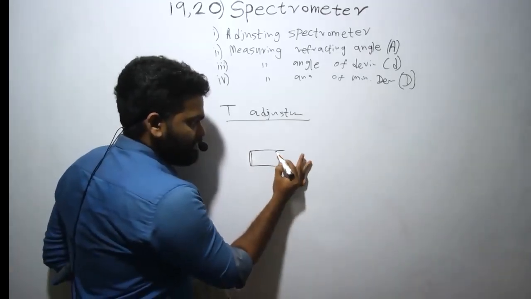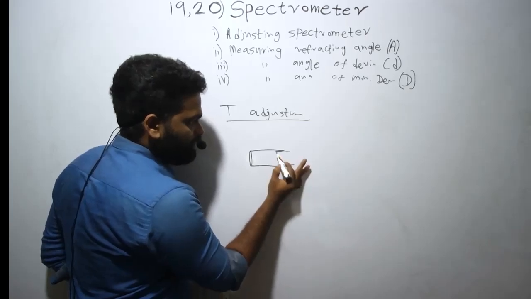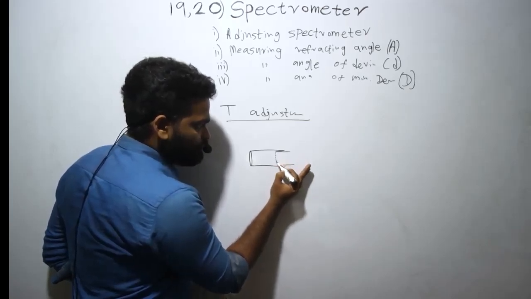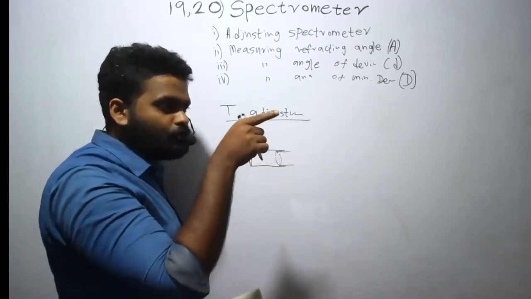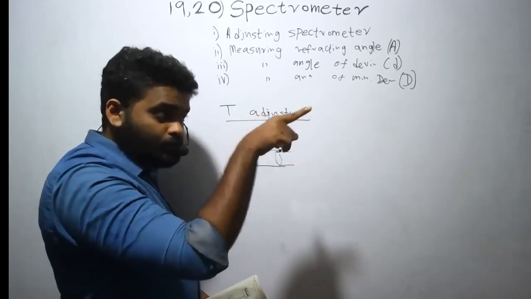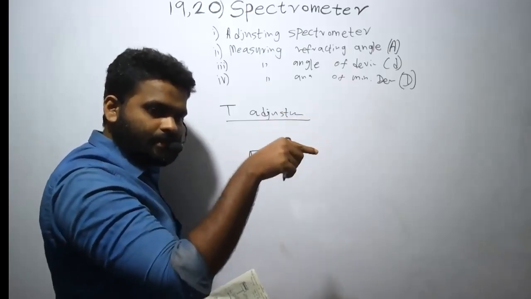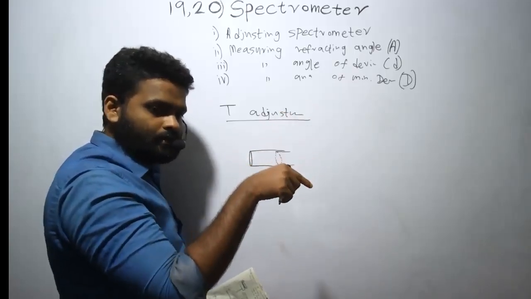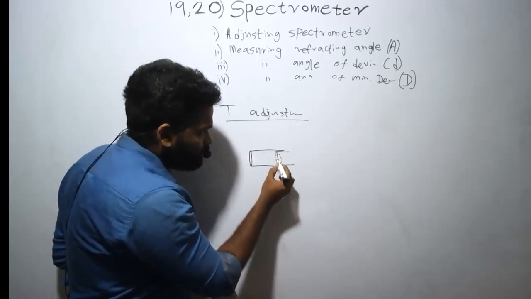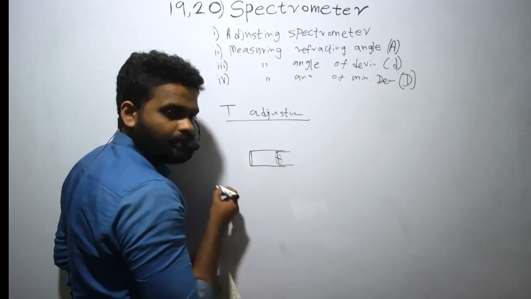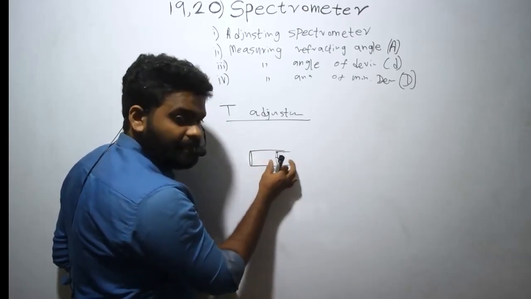Then in a separate tube, it includes a crosswire. You have seen when you look through a sniper scope, you can see two perpendicular lines. Those are called crosswires. So here as well, you have these two crosswires, but it is in a separate tube. These can be moved independently.